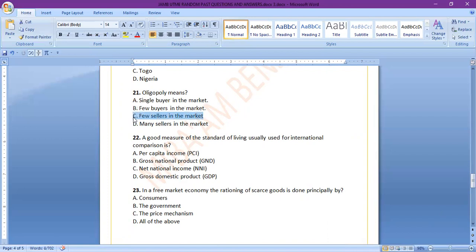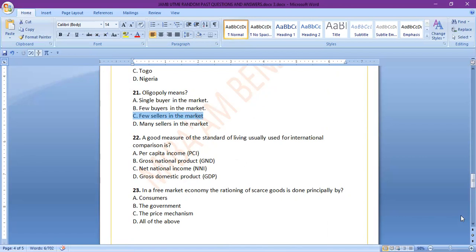When you have just few sellers in the market, you're talking about oligopoly, unlike monopoly where you have one, and then duopoly where you have two sellers. So oligopoly refers to few, maybe 3, 4, 5, 7, and all what have you. So that's the answer. We're moving forward.